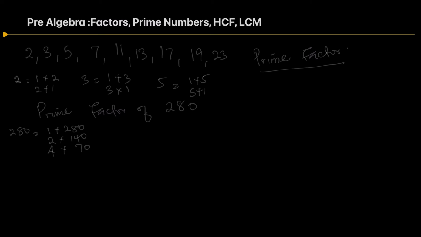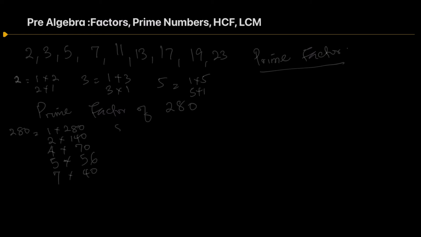And 5 is also possible: 5 times 56 will give you 280. Is 6 possible? No. Is 7 possible? Yes, 7 times 40 will give you 280.